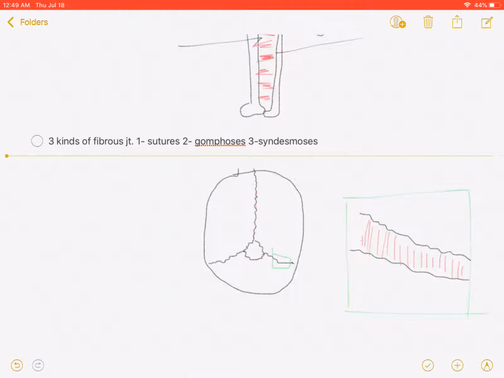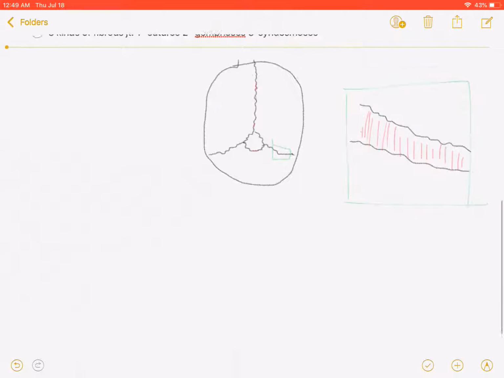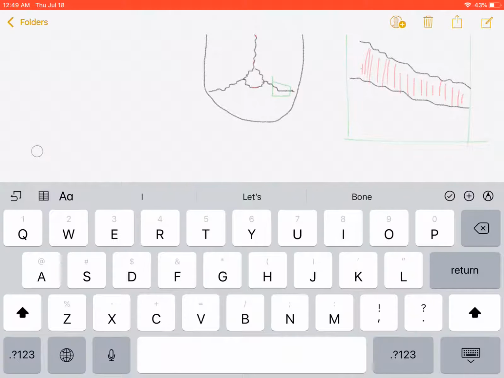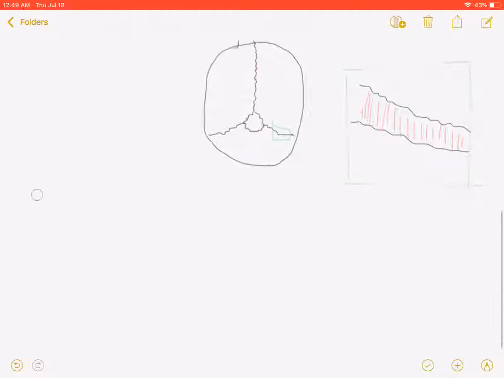And remember, when you're an infant, you have your fontanelles, that soft part on your skull. Then they become very small, and now you have your sutures. We had gomphoses, and you can see your periodontal joints, they're found in the alveoli.